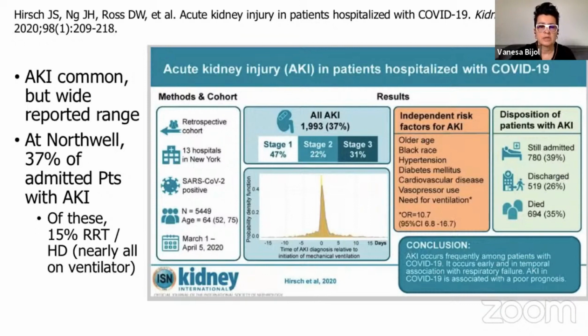So this study included about 5,500 patients, and of the hospitalized patients, the rate of acute kidney injury was about 37%. If you're looking at the population of patients that are on the mechanical ventilation, that number will be much, much higher.